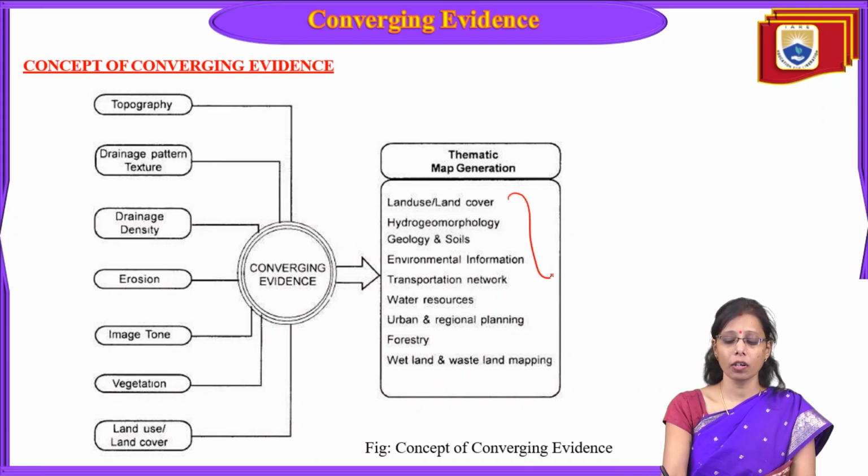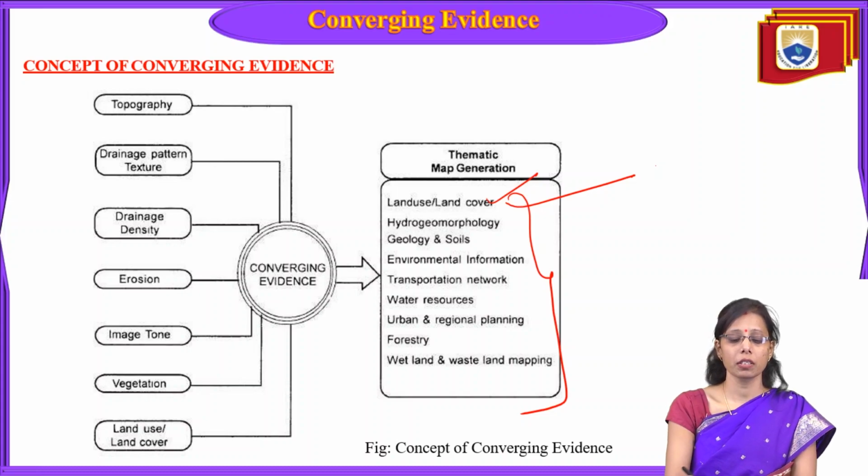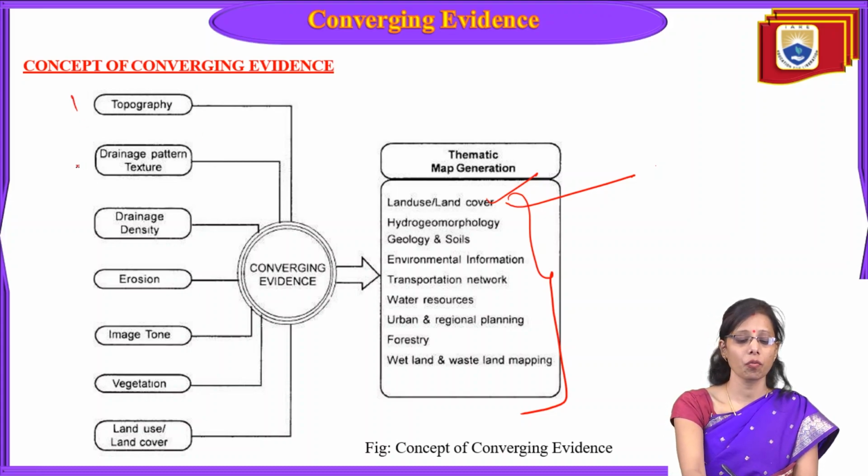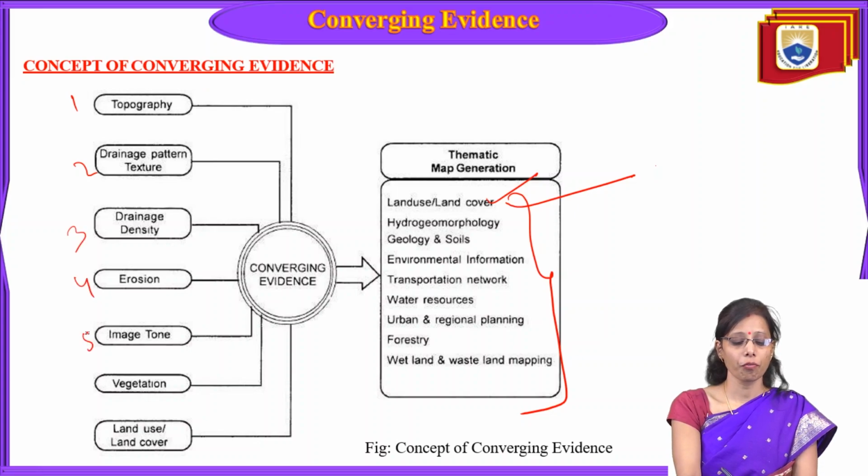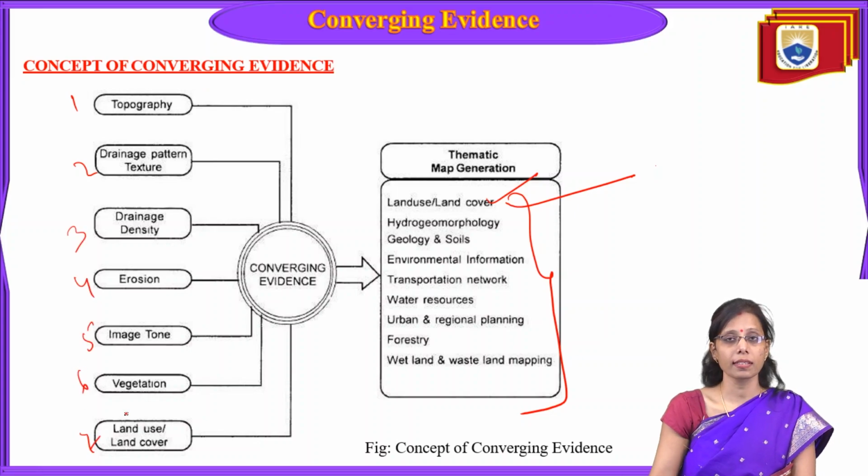To get all this information, for example, I want to know the land use land cover map, right? This information I want to know. So what an interpreter will do is put all this evidence together. So this is evidence 1, 2, 3, 4, 5, 6, 7. Total 7 evidences he will put together, and finally it will converge in a single way, and then finally we get to know all this information.